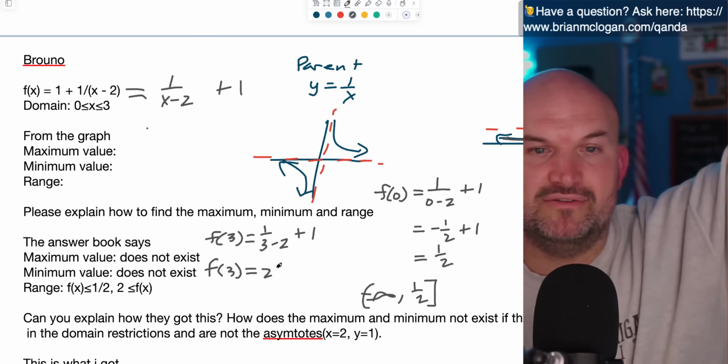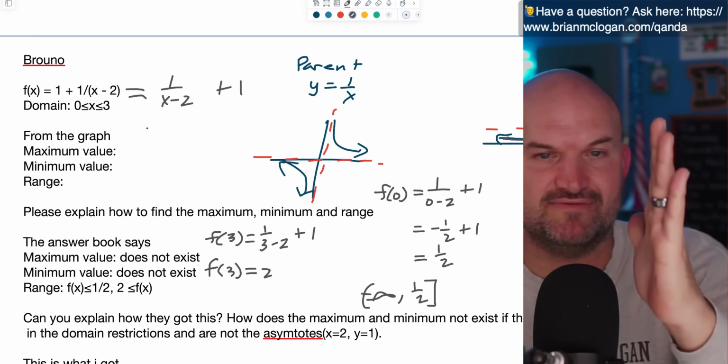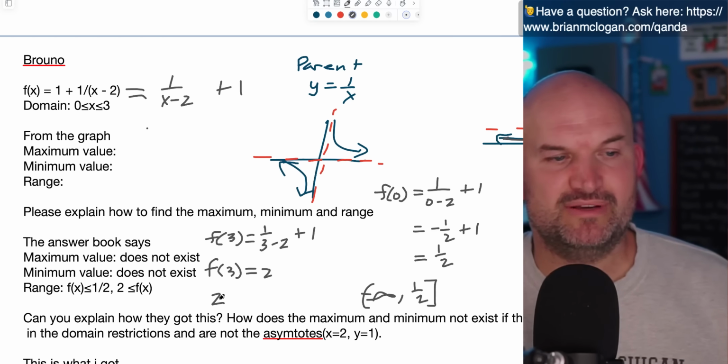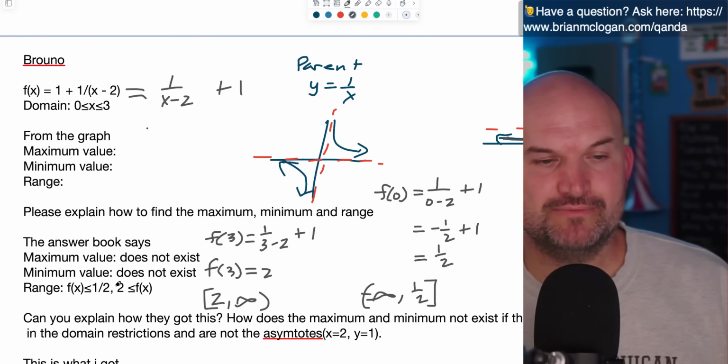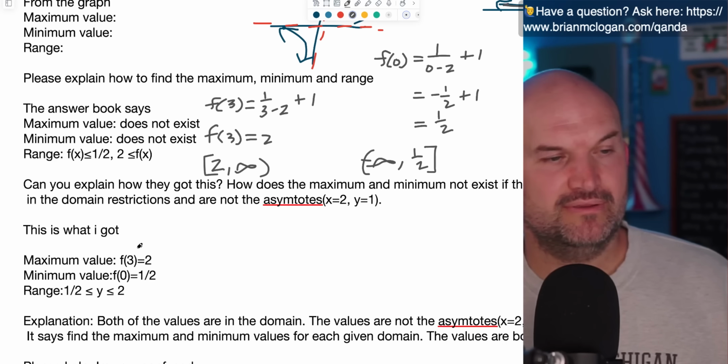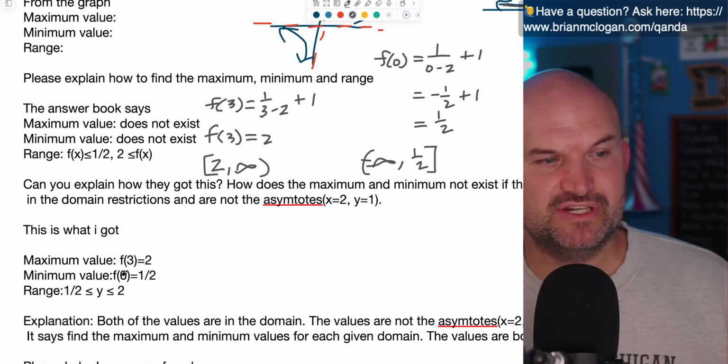But for everything less than my x value of 3, the range keeps on going up. So that's why it's going to be from 2 to infinity. So that's how they got that range. Hopefully that helps you out. These values are true: f of 3 equals 2 and f of 0 equals 1/2.